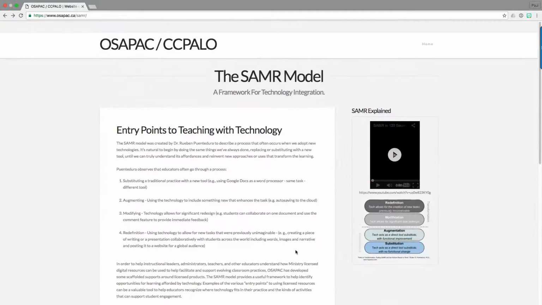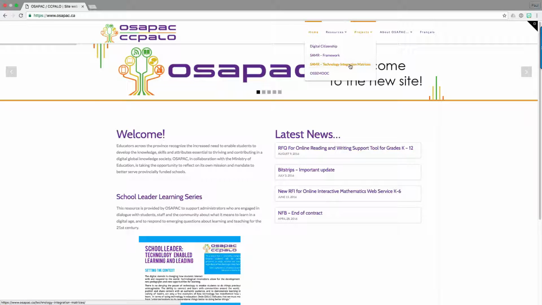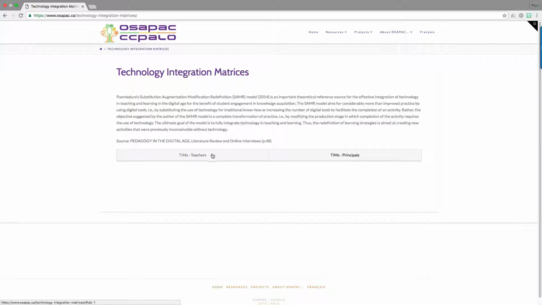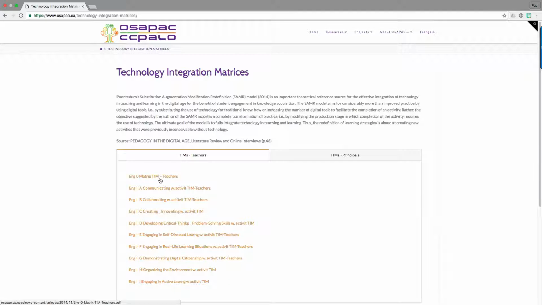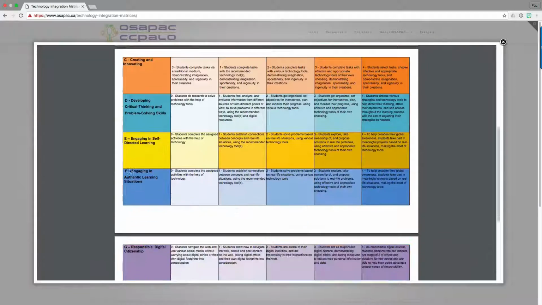In addition to the framework page, there is also a series of technology integration matrices. These matrices are broken out by classroom educator and school and system leaders. Looking at the classroom educator matrix, you can see that there are a number of key aspects of a meaningful learning environment listed down the side.